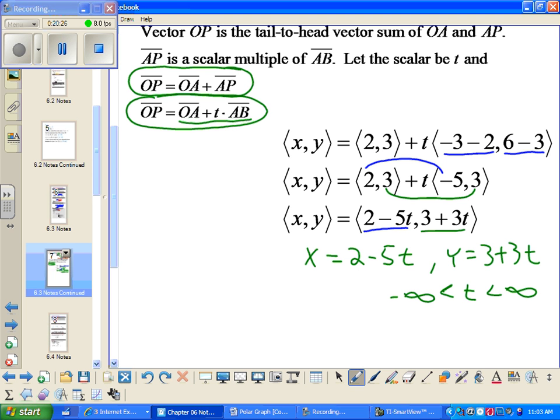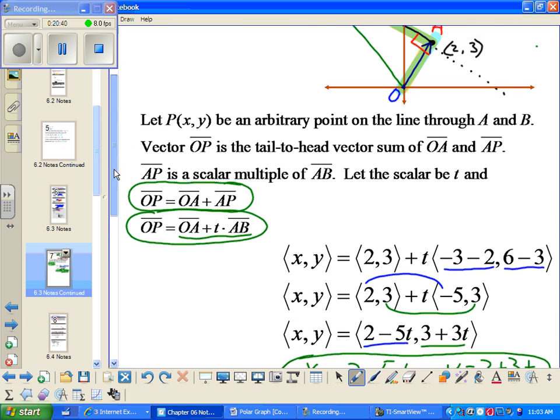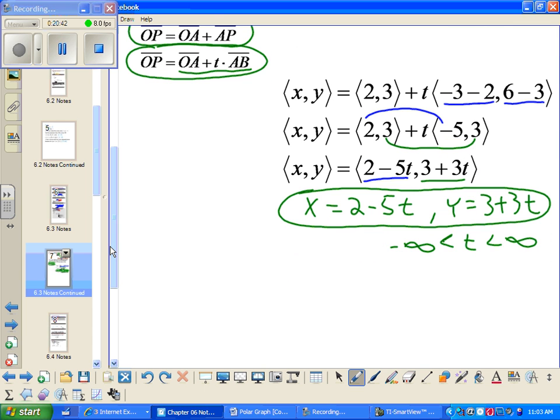If the question were changed to find the equation to give us the line segment AB, I would write the same parametric equation, but I'd have to change and use the interval from 0 to 1. That would give me just the line segment. But when I use negative infinity to infinity, I get the entire line.